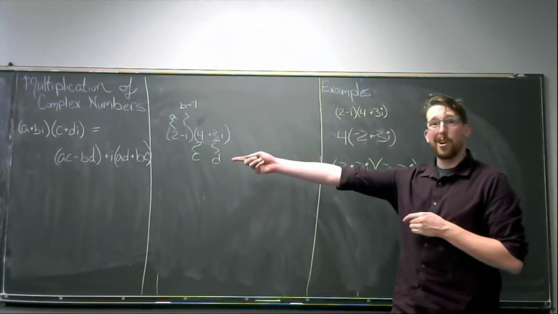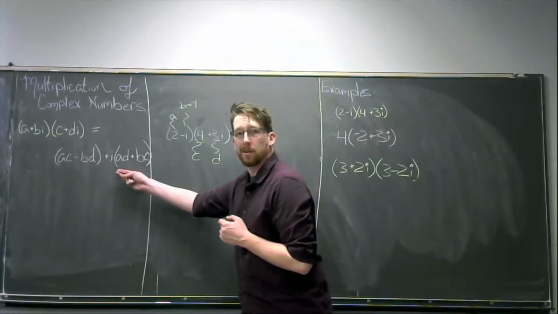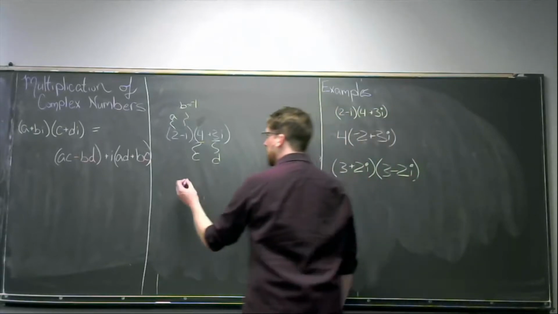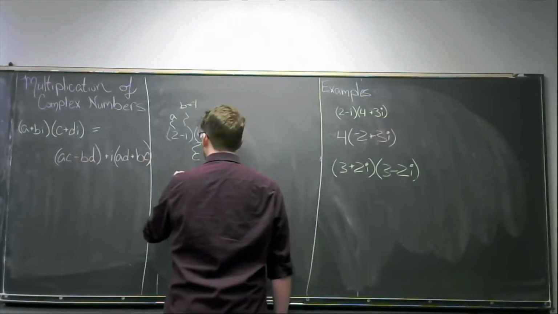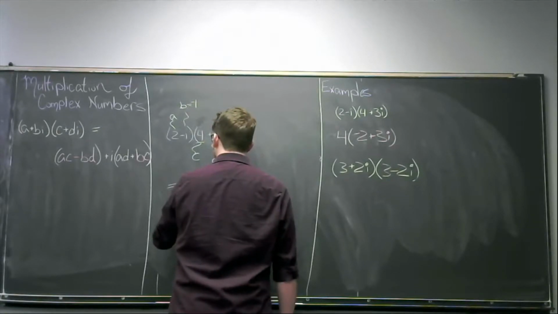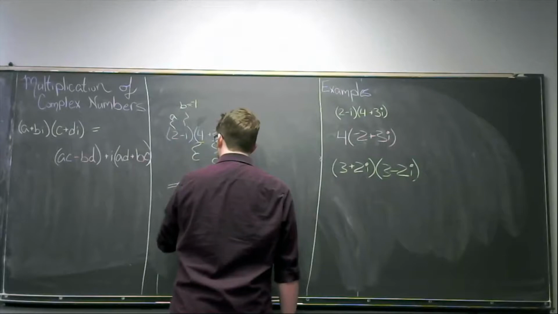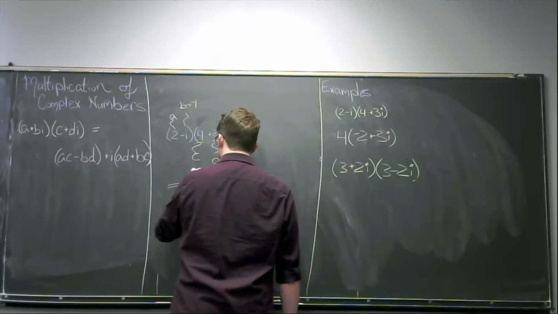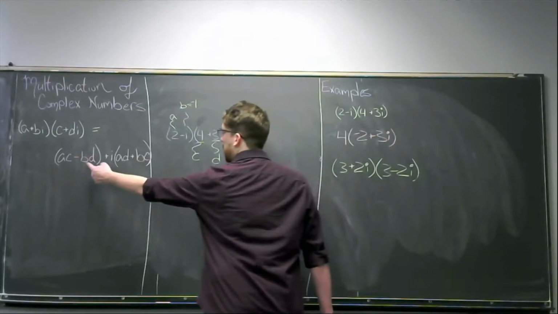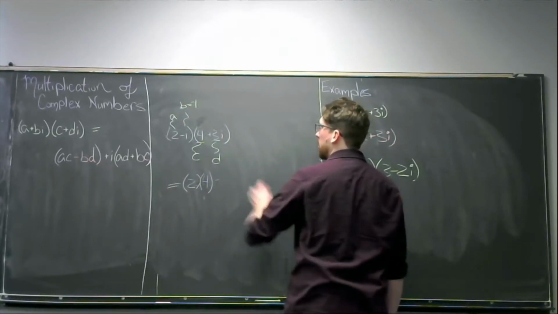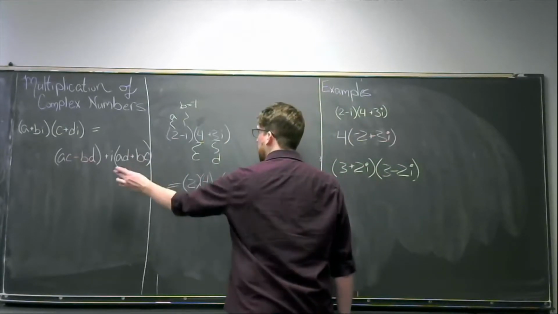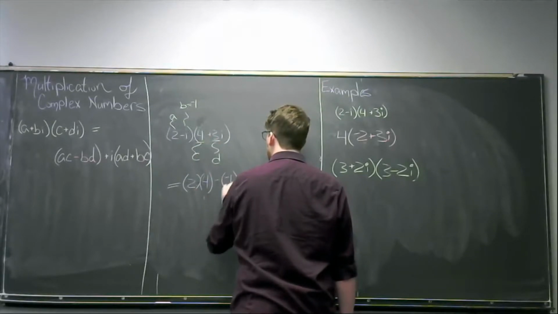So now we can just throw it into this. What we're going to have is 2 times 4 minus b times d. b is -1 times d, that's 3.